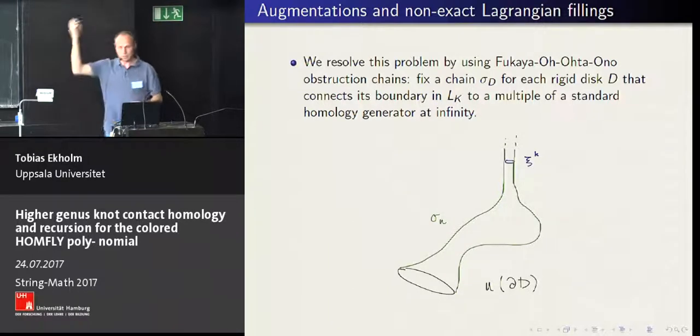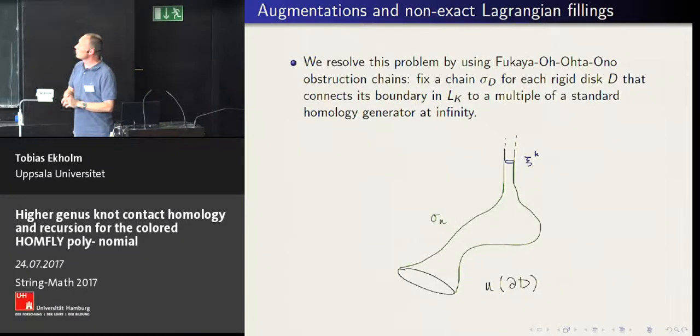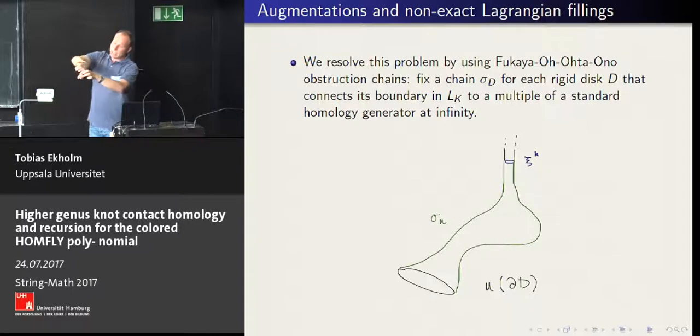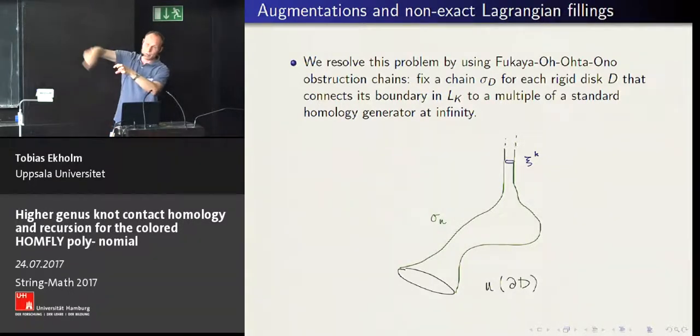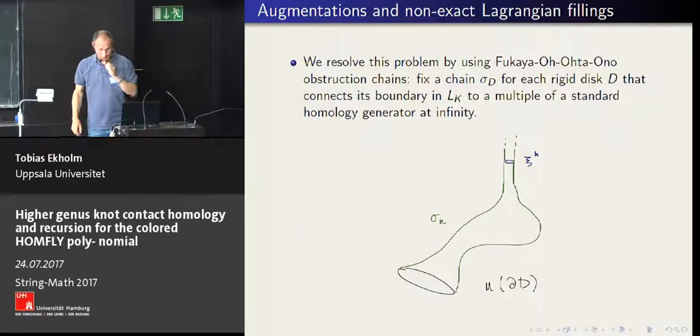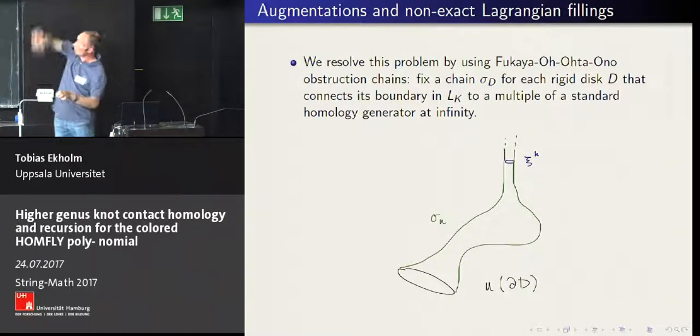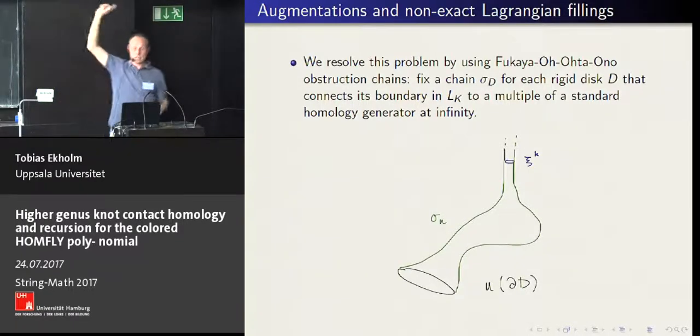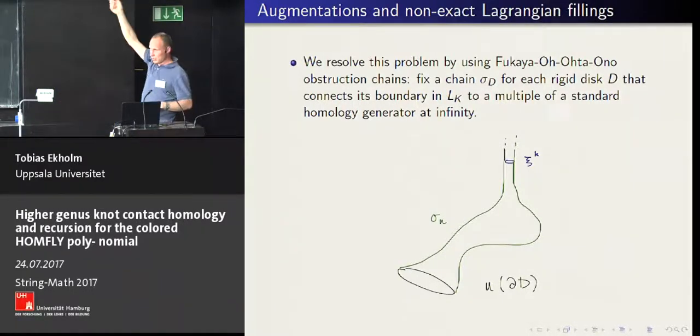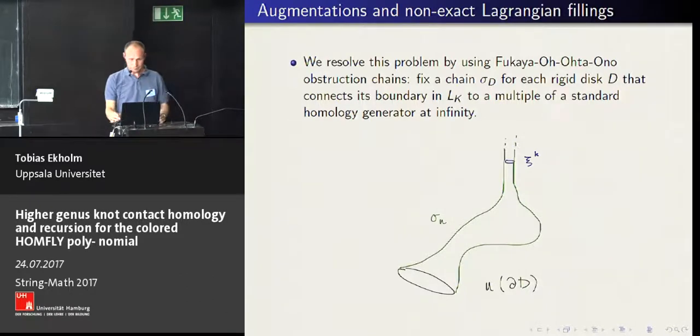But now they don't quite bound, but the same technique works. So what we do is we take for each holomorphic disk inside, we take its boundary, and that's now homologous to some multiple of the longitude. So we take a reference chain going from this disk up to infinity, where we just let the chain be standard multiple of the longitude curve.